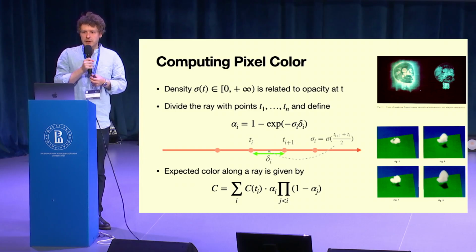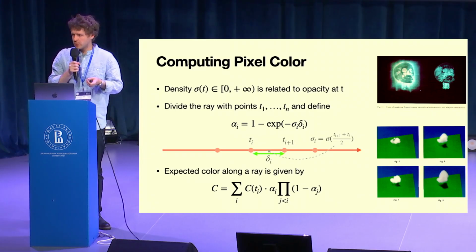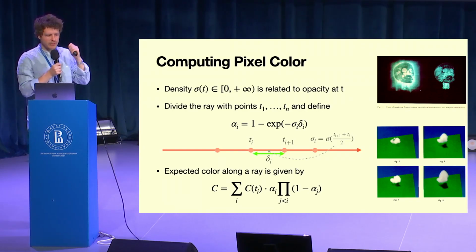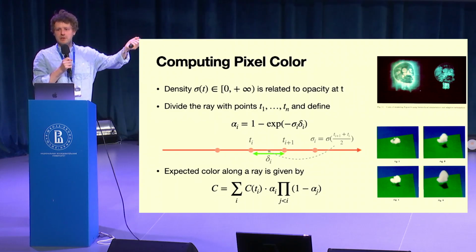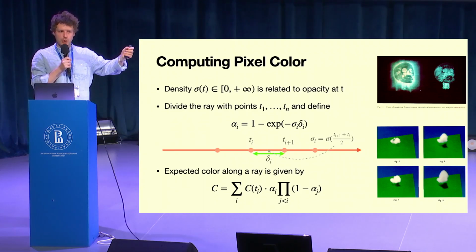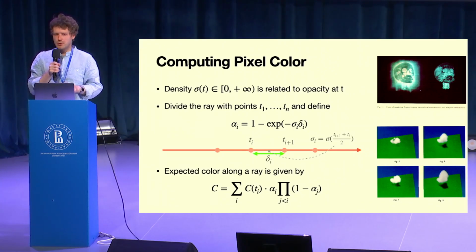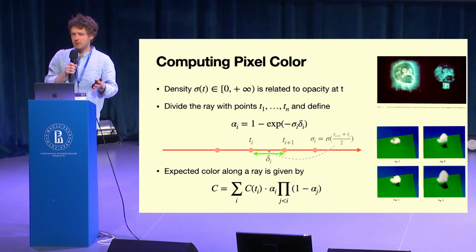Okay. So now that we know how a camera works, how do we compute the color using our representation? On the previous image, I told you to find an intersection of a ray with a surface and compute the color of the surface. But with volumetric representations, we no longer assume that there's some sort of surface.